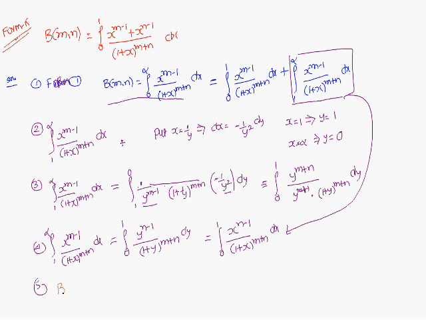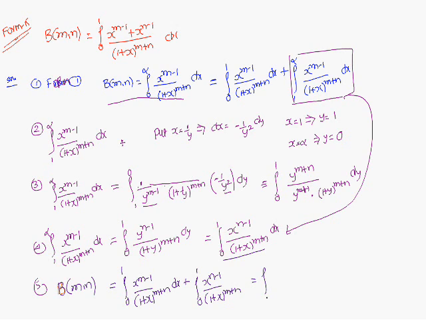So in the fifth step, this beta mn is equal to integral 0 to 1 x power m minus 1 by 1 plus x whole power m plus n into dx plus, you write this one, integral 0 to 1 x power n minus 1 by 1 plus x whole power m plus n.